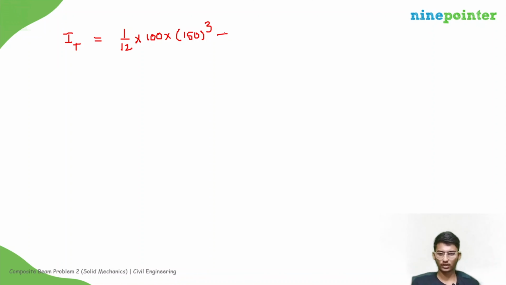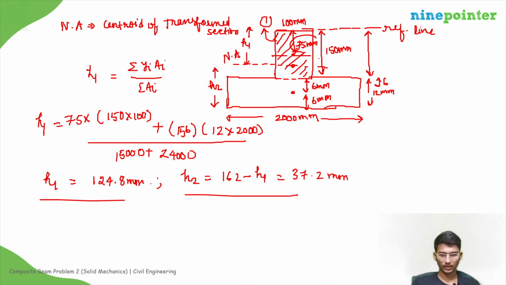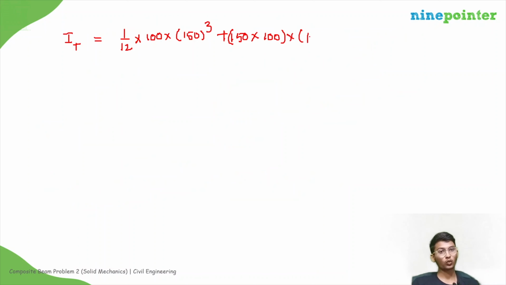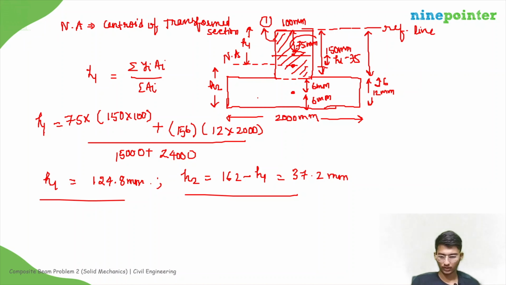This is about the center of mass, plus area 150 into 100 into the distance from the center of mass, which is H1 minus 75, so 124.8 minus 75 whole square, plus the moment of inertia due to the second part. That will be 1 by 12 again into the breadth, which is 2000 here, and the height will be this one, this is 12.